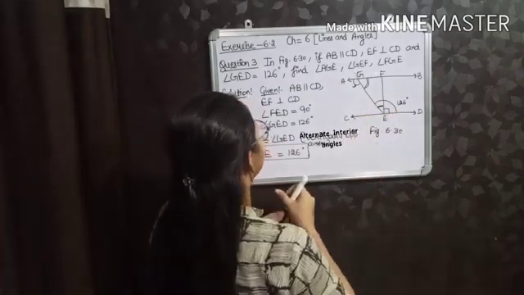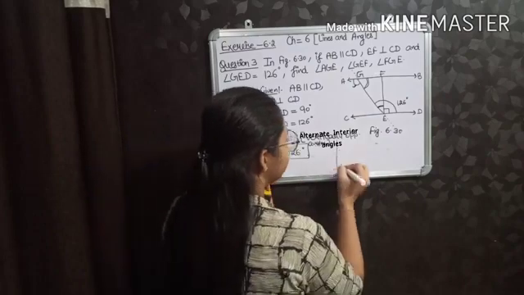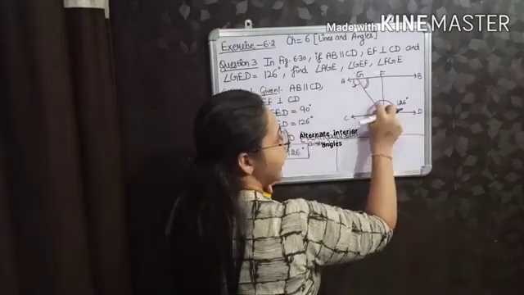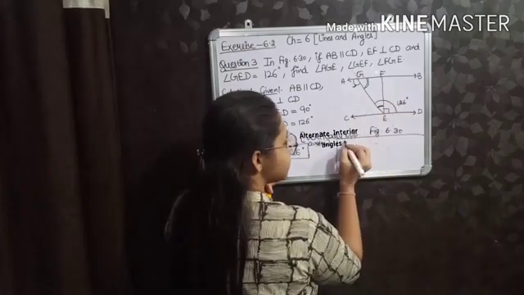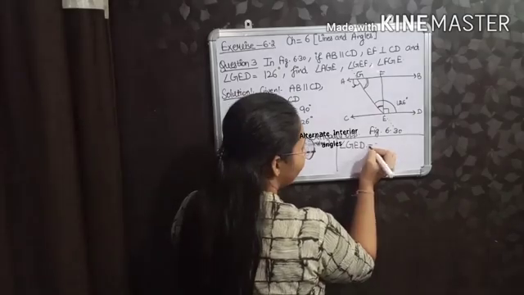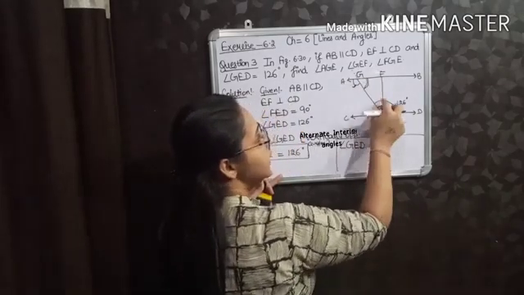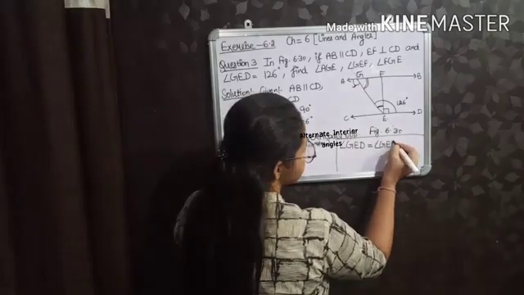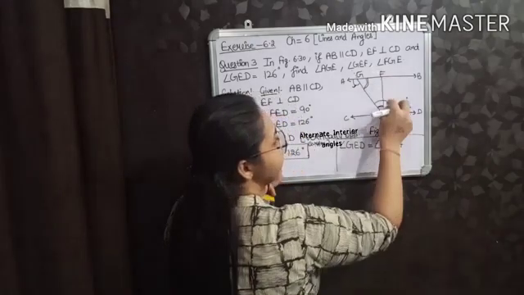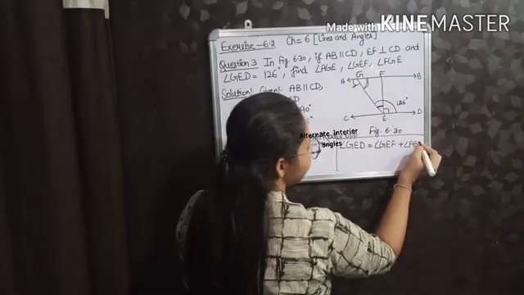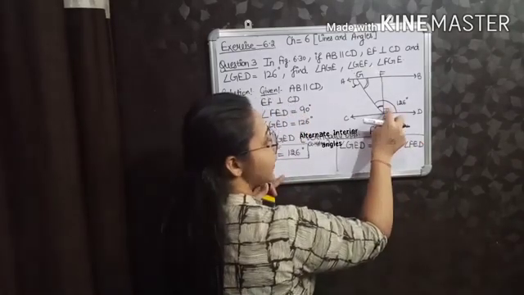So we can write here that angle GED, this complete angle is equal to GEF, the small angle, plus angle FED. Okay. This complete angle is made up of this plus this.